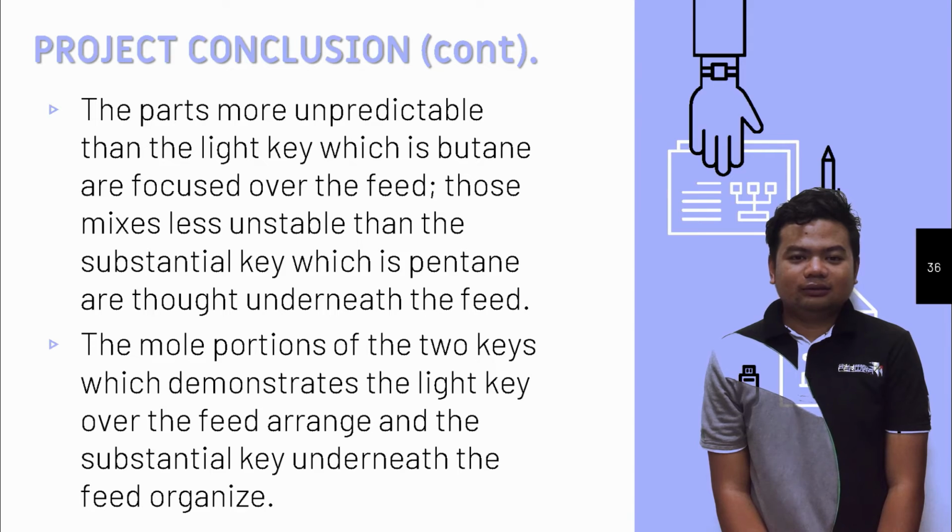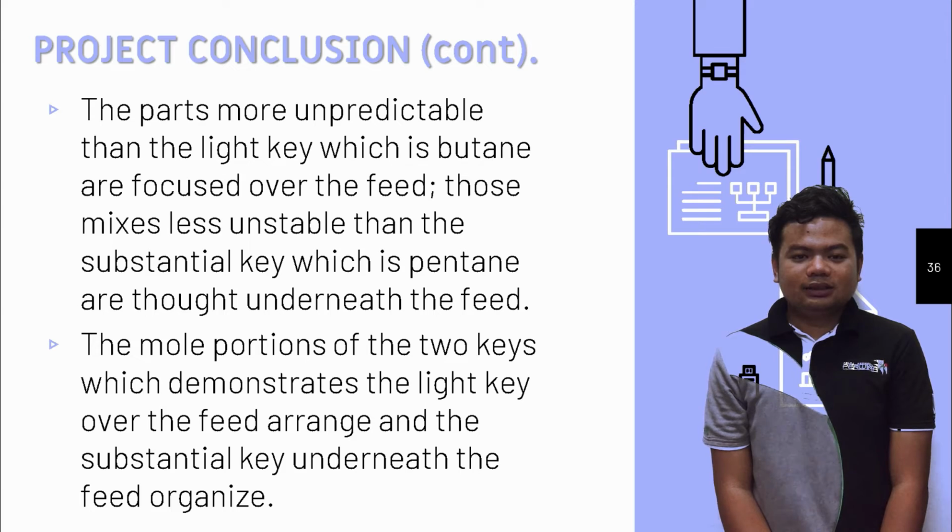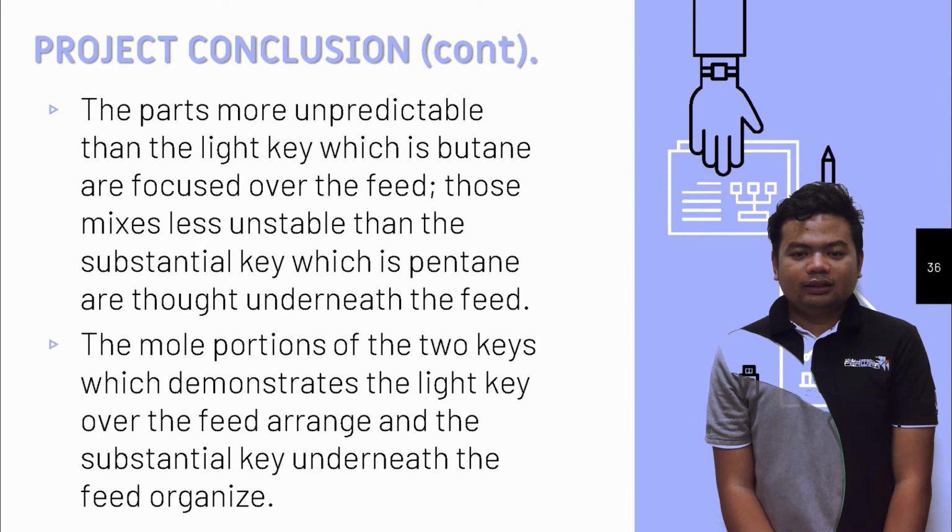Next, the component more volatile than the light key, which is butane. The butane is concentrated above the feed. It is less volatile than the heavy key, which is pentane, that goes below the feed.